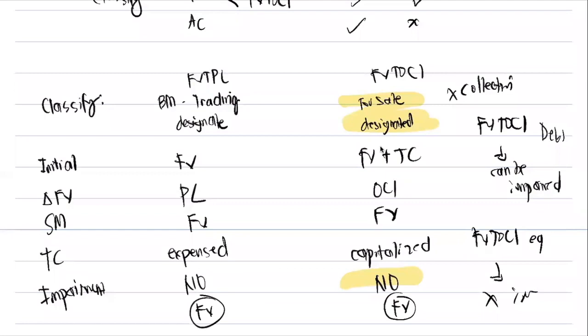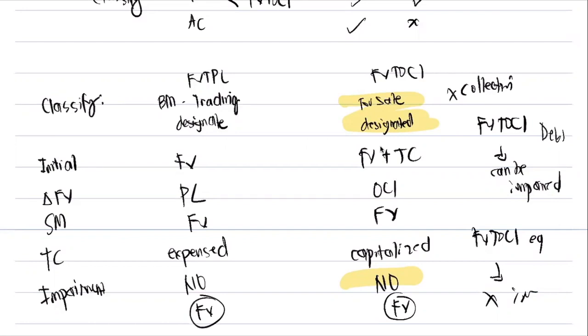So, sabi ko nga kanina, the differences of your equity and your debt lies purely on your FVTOCI. Here, as to the classification and as to your impairment, take note of this. Classification, because you can designate it now, because normally it is under FVTPL, but you can designate it in your OCI. Now, as to impairment, we cannot impair it.